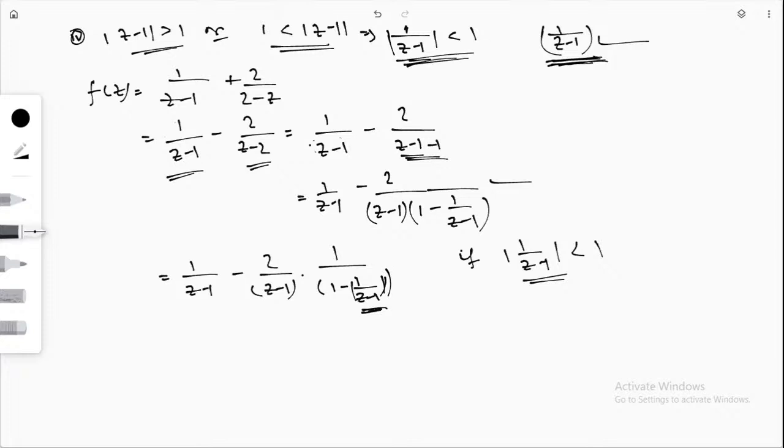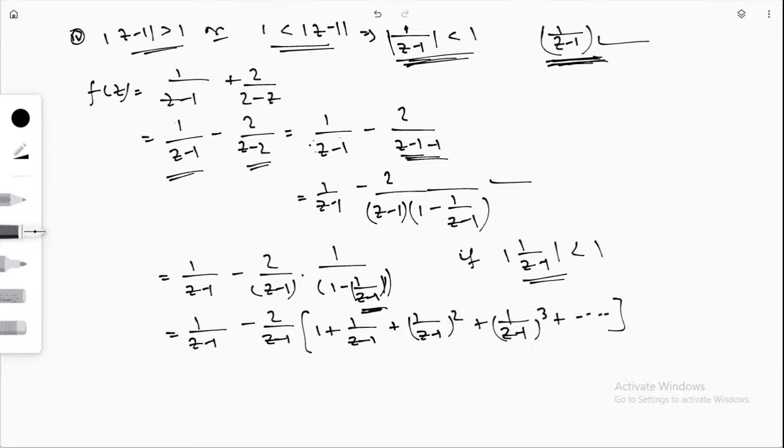So what is the series expansion of this one? The first one is 1 by z minus 1, then minus 2 by z minus 1 whole into, what is the series expansion of this one? This is 1 plus 1 by z minus 1 plus 1 by z minus 1 whole square plus 1 by z minus 1 whole cube plus dot dot dot.